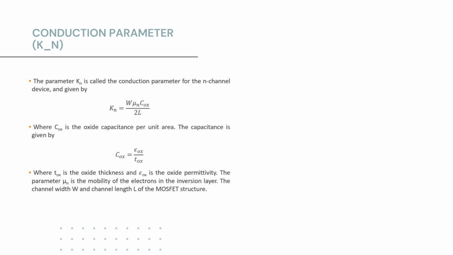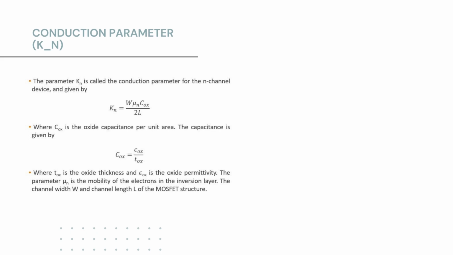Here Cox is the oxide capacitance per unit area. The oxide capacitance is given as epsilon oxide upon the thickness of the oxide, where epsilon is the permittivity of the material. Again, Cox is a material dependent parameter and it is dependent upon the geometry of the device.